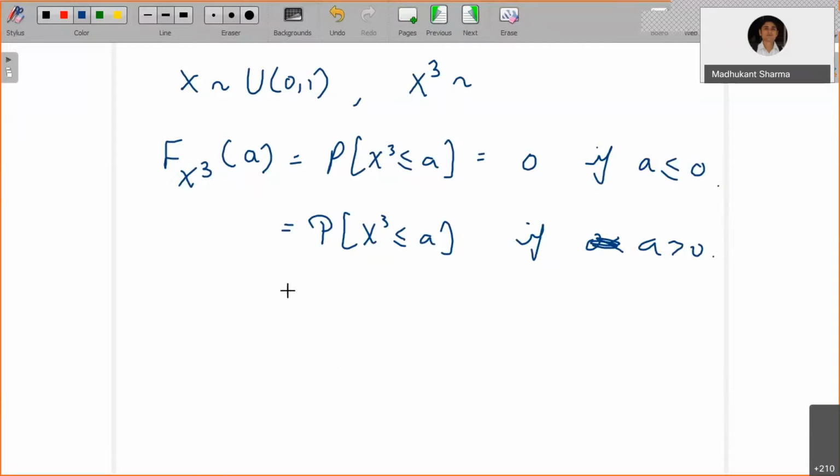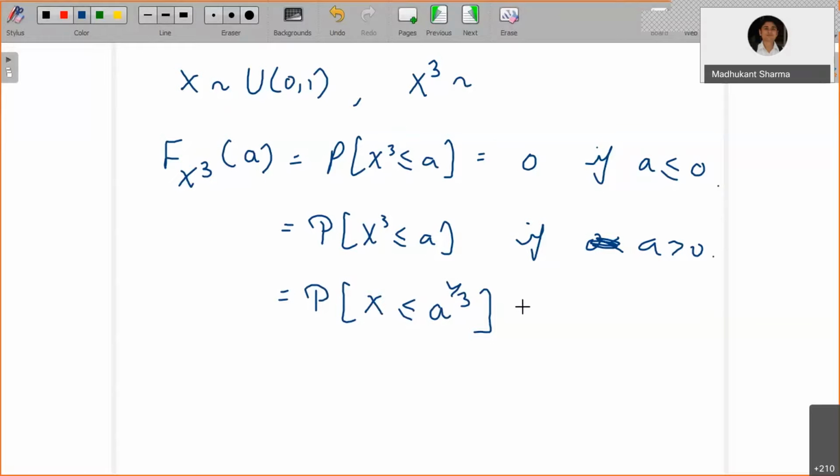So this is equal to the probability of X less than or equal to a to the power 1 by 3. I can certainly say that, because both of them are non-negative numbers: if a is less than or equal to b, then the cube root of a is less than or equal to the cube root of b.